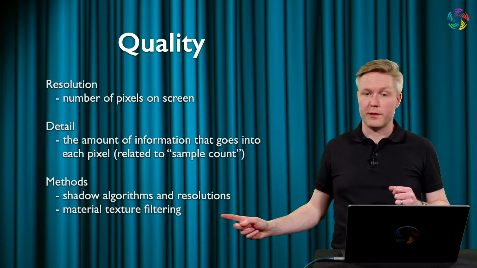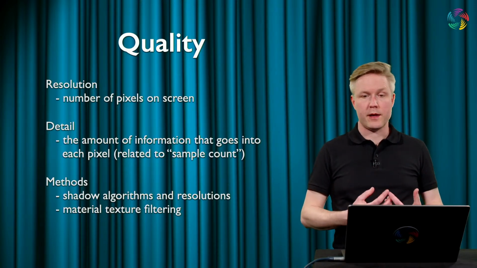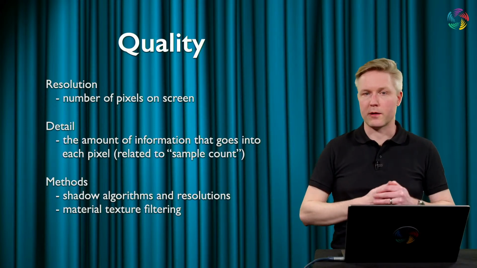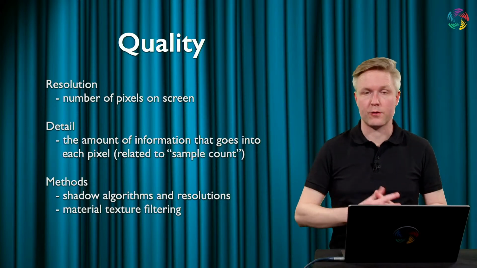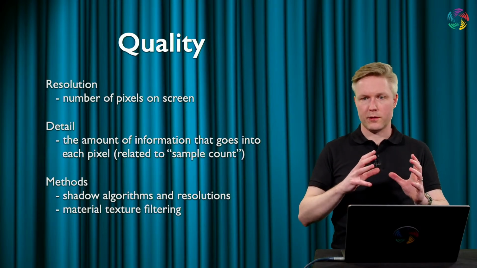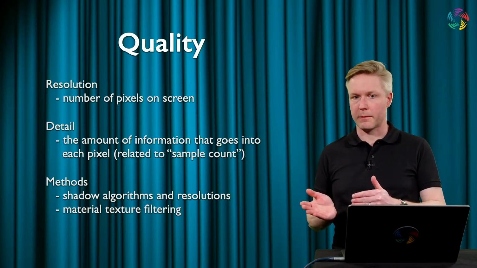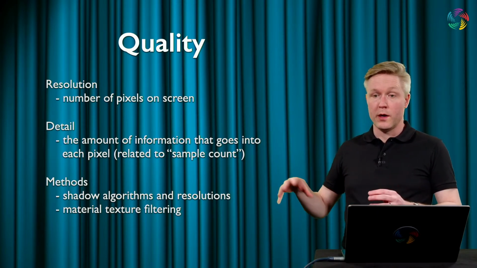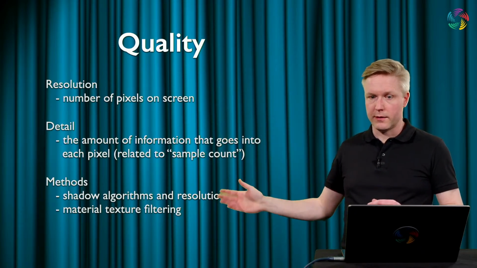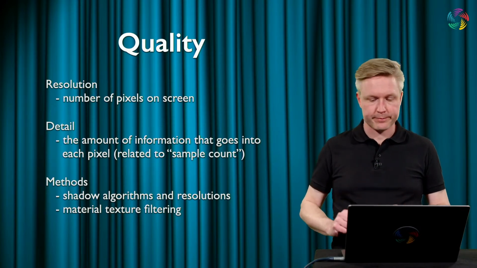But then there are some other things, like the very methods used to compute the shadows, or how textures are filtered when viewed from steep angles, known as anisotropic filtering. These are more on and off, so they are not things where we can smoothly go between one or another setting. So some aspects of quality are very gradual in nature, and some aspects of quality are more on and off.